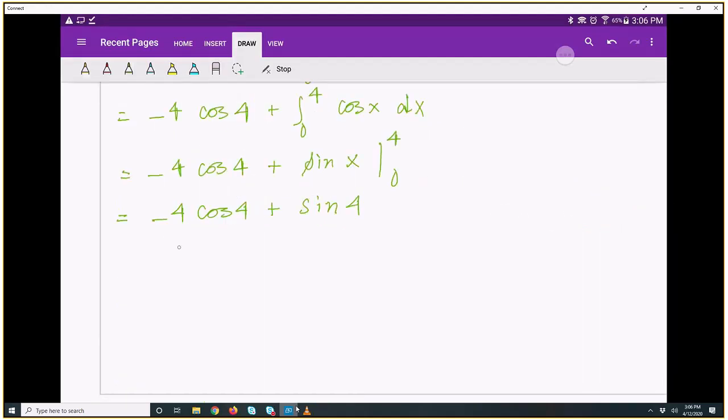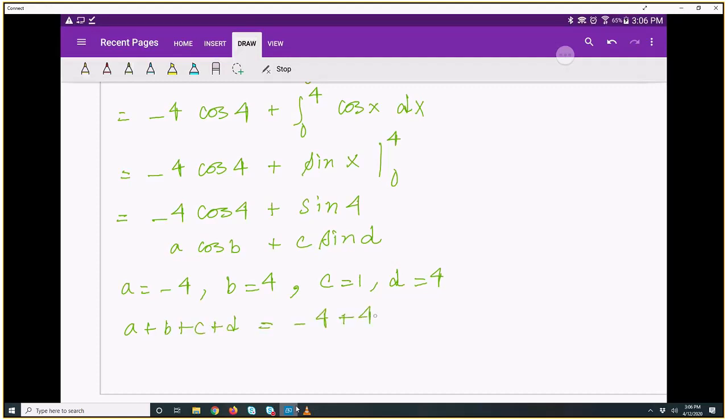So I write a times cosine b plus c times sine d, and I realize a equals -4, b equals 4, c equals 1, d equals 4. If I add all of them, a plus b plus c plus d, I get -4 plus 4 plus 1 plus 4, which is equal to 5. And that's the final answer to my question.